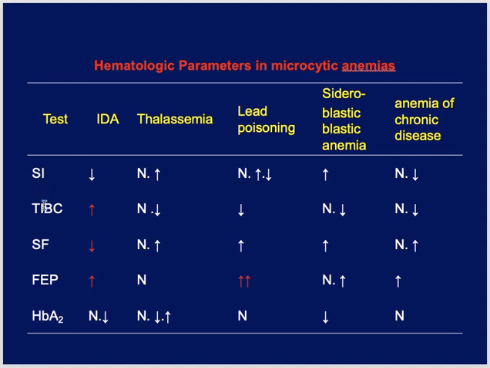Serum iron is less, total iron binding capacity is more, saturation is less. Ferritin is less. Total iron binding capacity is more, and you found that the receptors are also expressed more, so it is iron deficiency anemia. But whenever, for example, the iron studies come back as normal, then we check the patient for thalassemia.